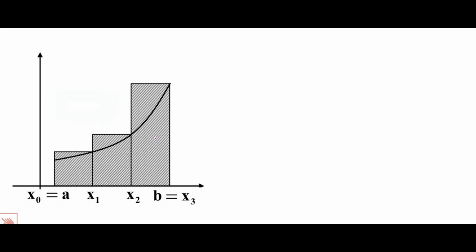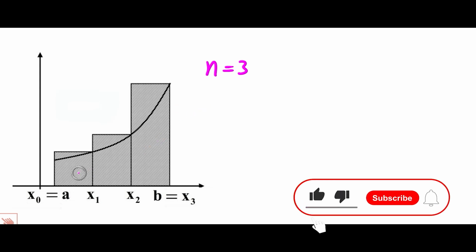Now that you've grasped the basic concept of Riemann sums, let's dive a bit deeper. As you can see in this diagram, we are using 3 rectangles to approximate the area, which means our n is equal to 3, right? Also remember the fundamental rule. The area of each rectangle is its width times its height. The width is delta x.